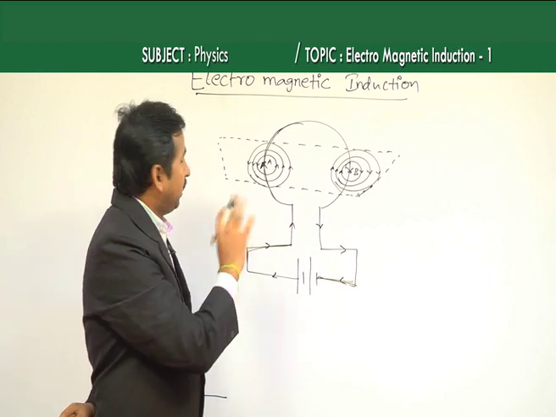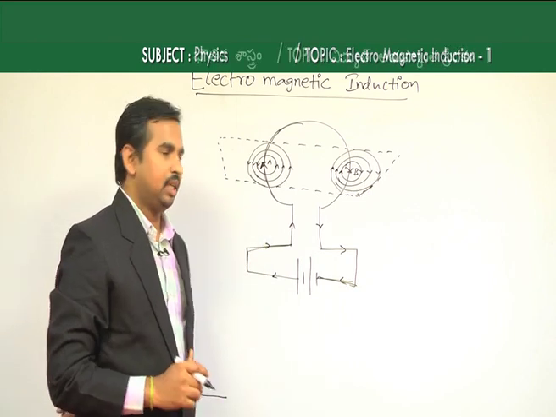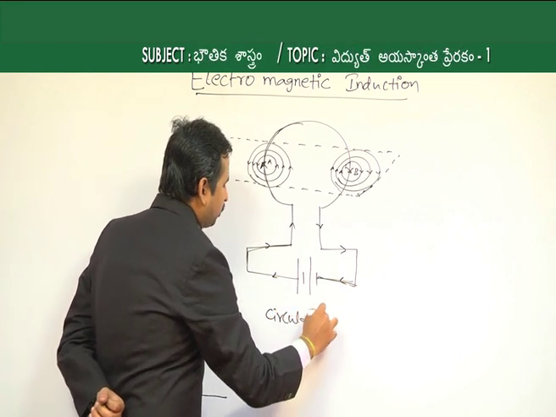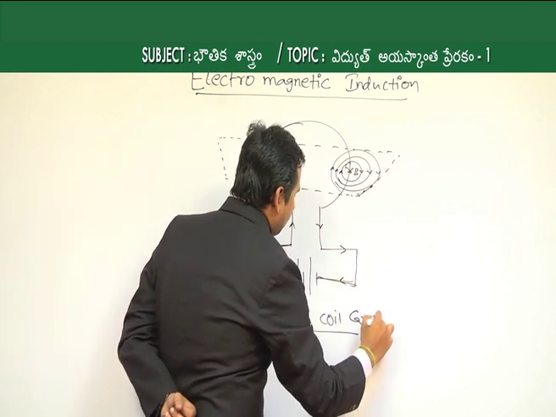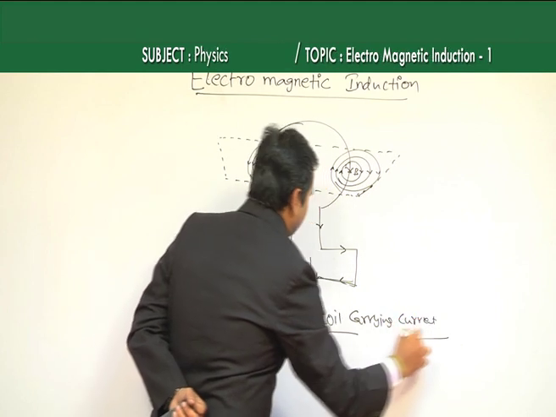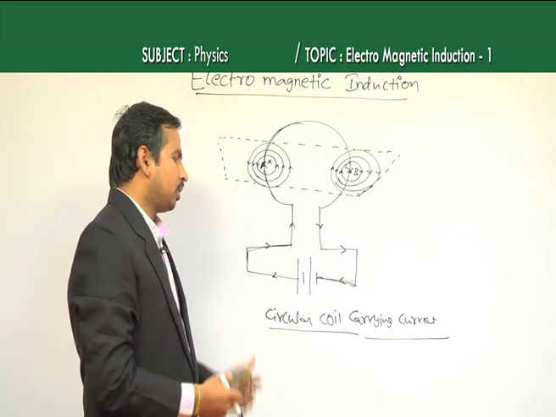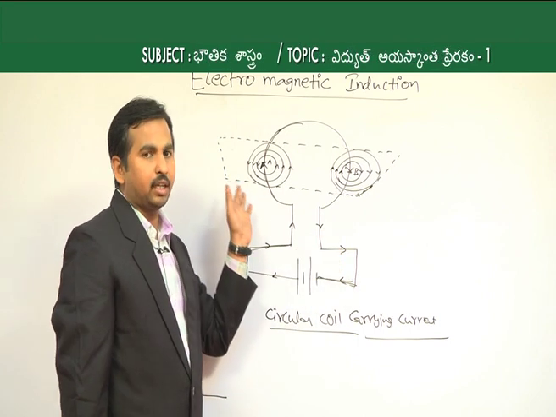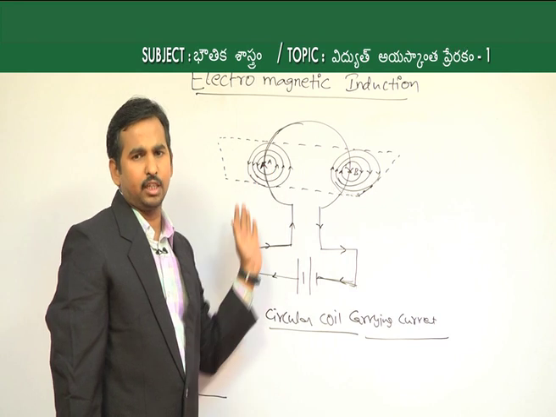So that is why, when comparing the straight conducting wire to the circular coil, as this is a circular coil carrying current, in a straight conducting wire the direction of current remains the same throughout that wire.